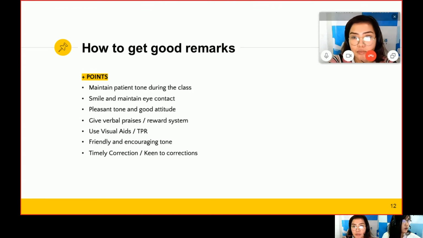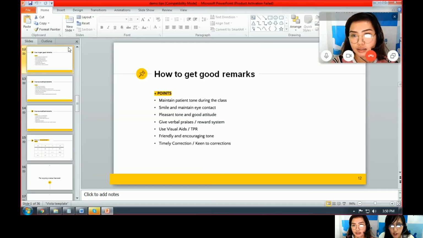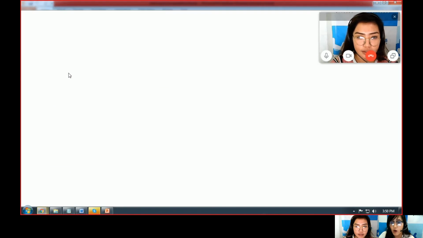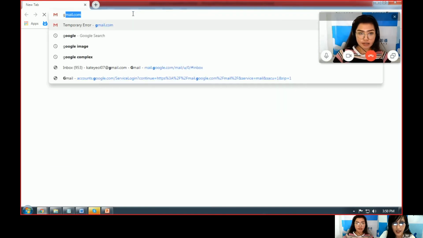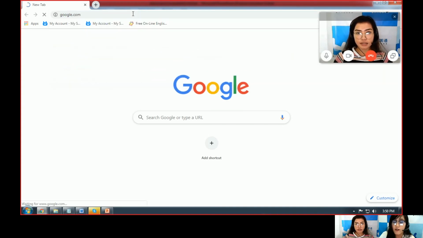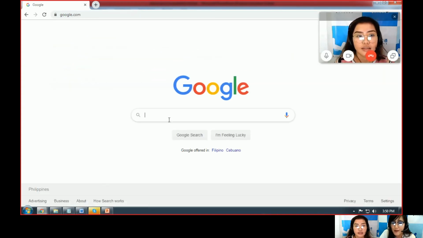For reward system, I sometimes draw, I sometimes use a whiteboard. I don't have candy, but I will print out candies. My way of rewarding my students is looking for a picture that they like the most.